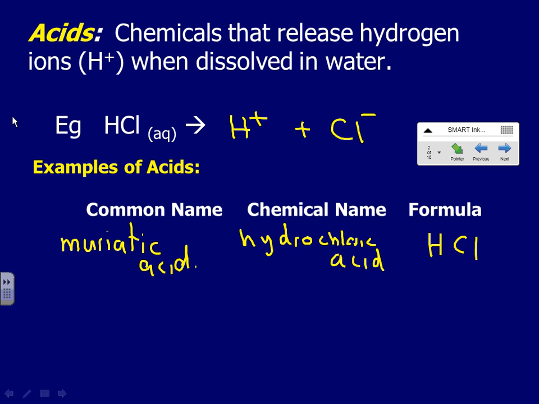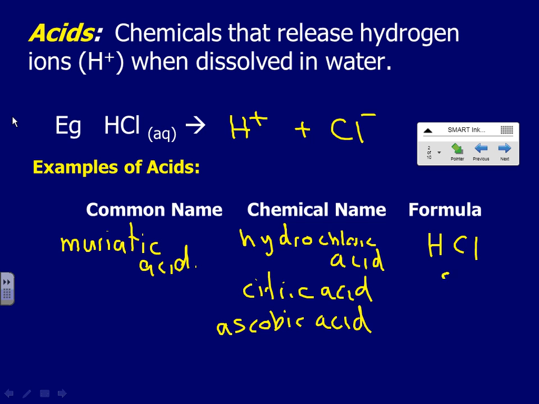Actually, common name, I'm not sure what it would be, but you can have citric acid, found in citrus fruit. But there's also ascorbic acid. Ascorbic acid is also found in those citrus fruits, and also in apples as well.